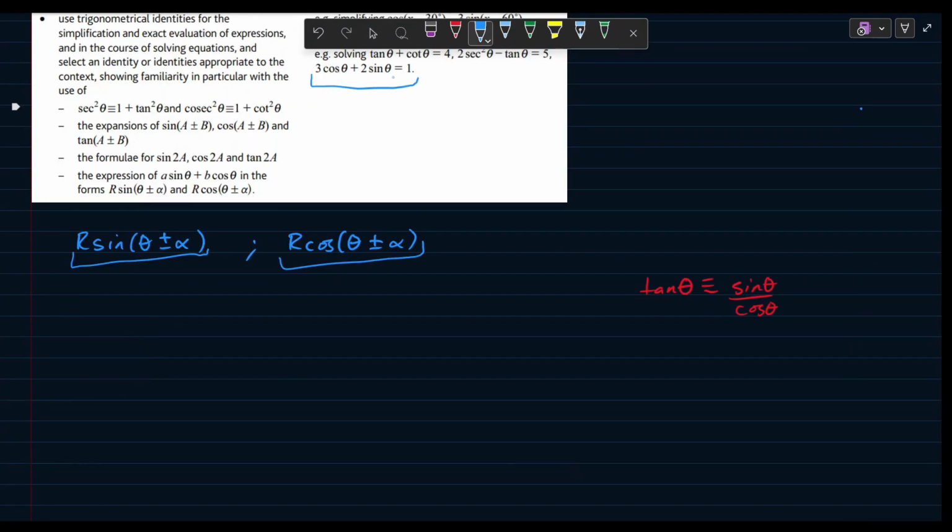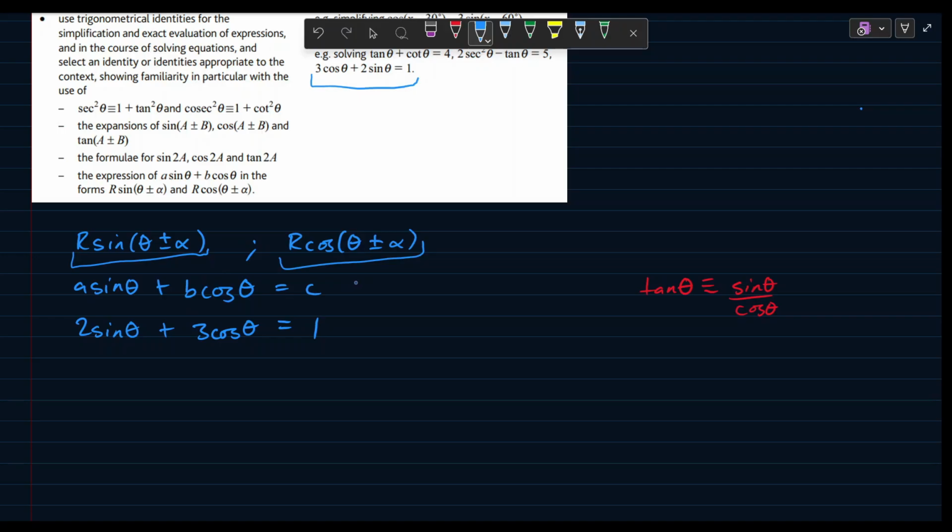So going back to our example here, I'm actually going to rewrite this with sine theta coming first. So 2 sine theta plus 3 cos theta is equal to 1. This is the convention, because you have to have your equation in the form a sine theta plus b cos theta, when we then use the formulas that we're going to derive in a few seconds, is equal to whatever constant you have.